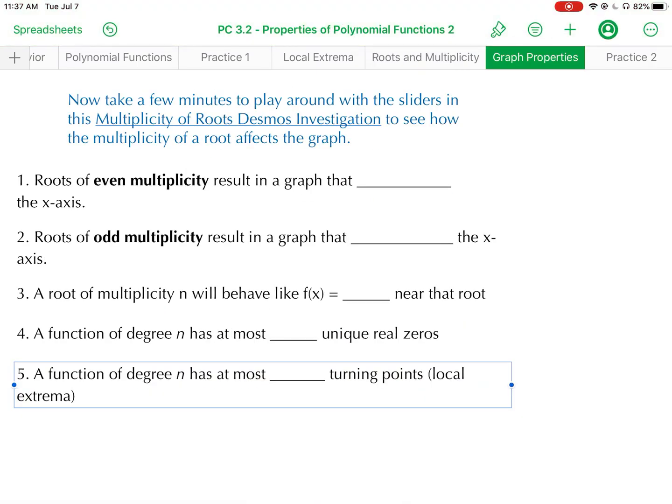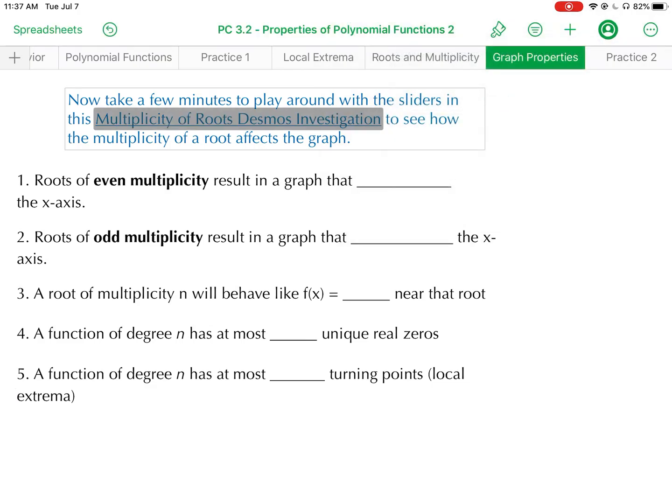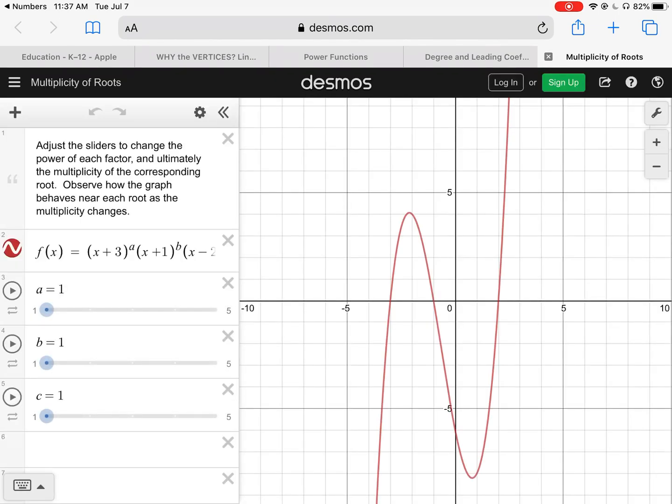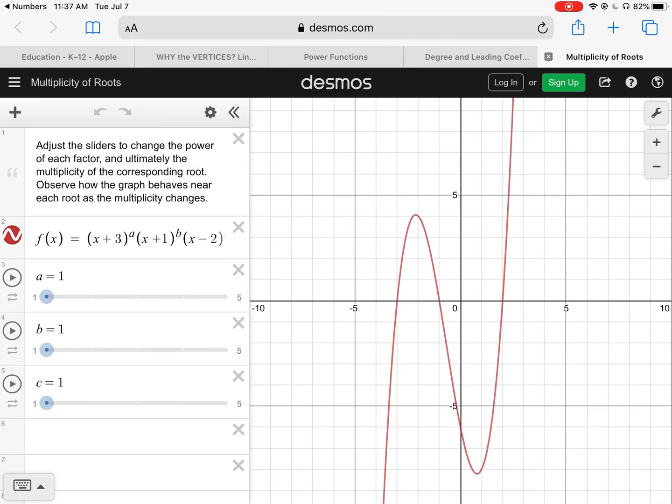Okay, well, let's take a look here at an investigation in Desmos. All right, so basically you can see in box 2, I have a function that has several factors to it.